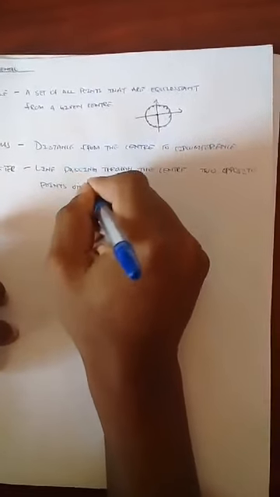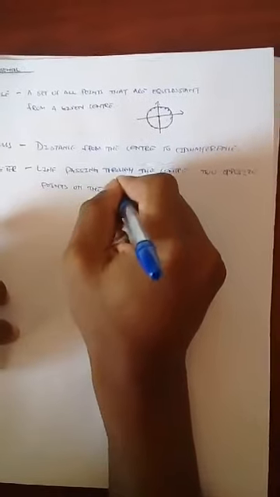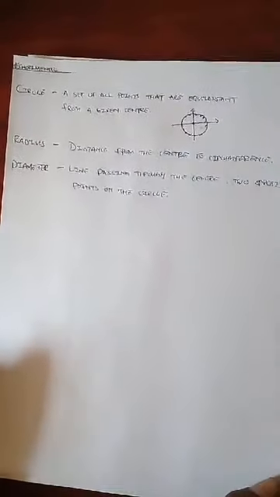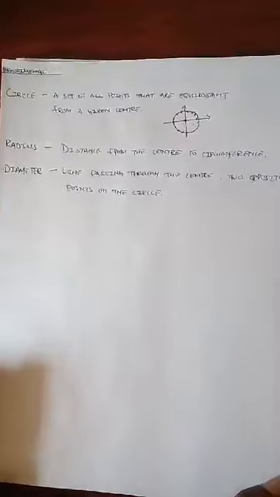So two requirements or conditions for a line to be a diameter. One, it must pass through the center. Two, it must have two points which are on opposite sides of the circle.